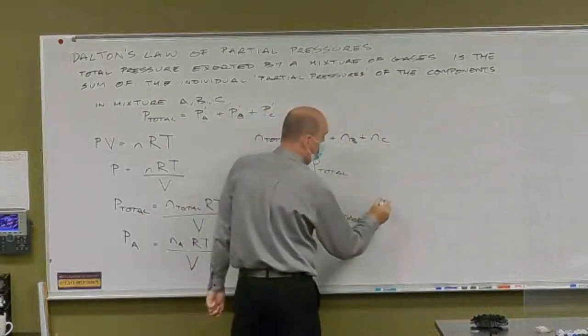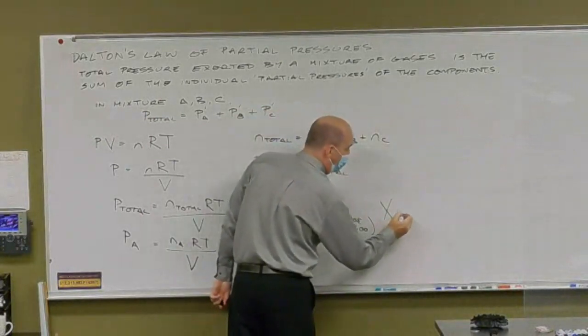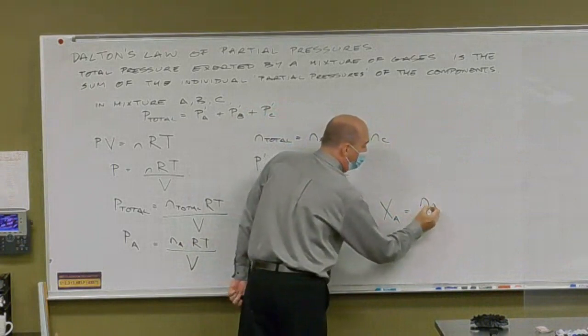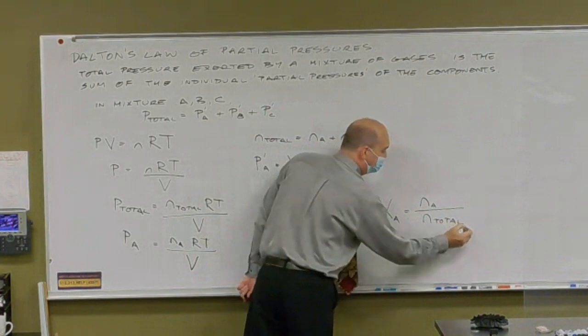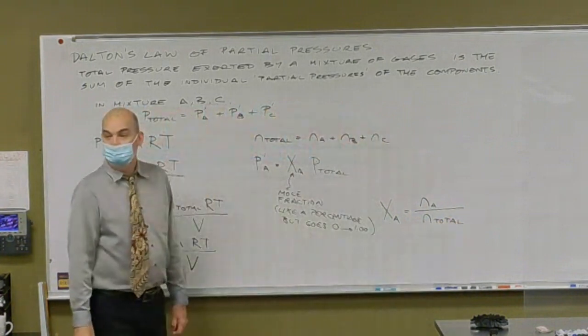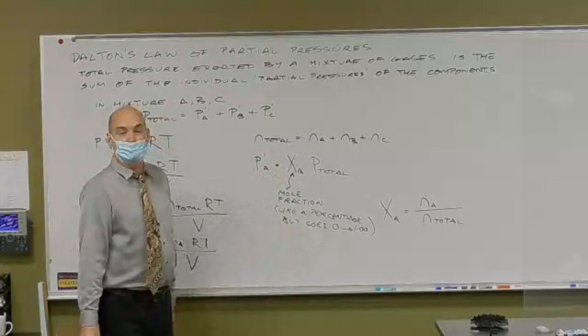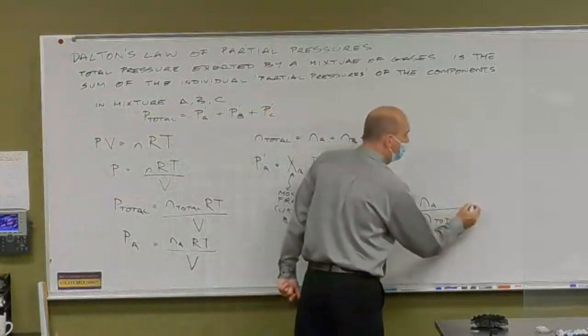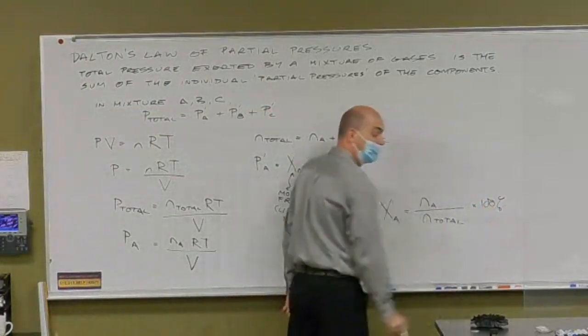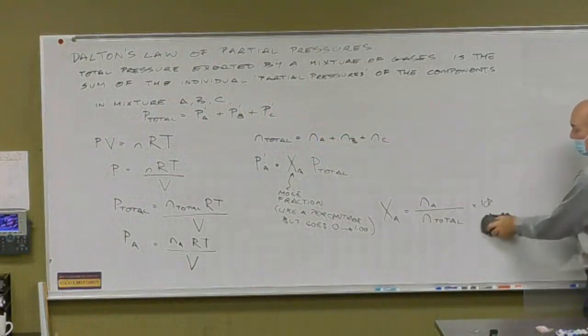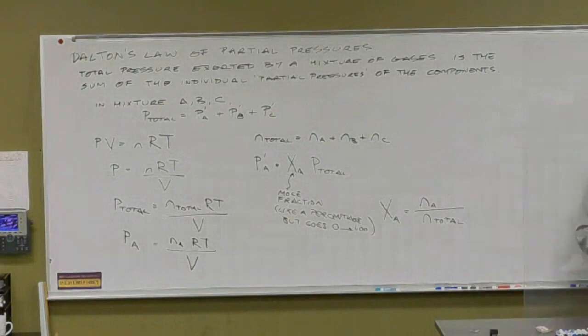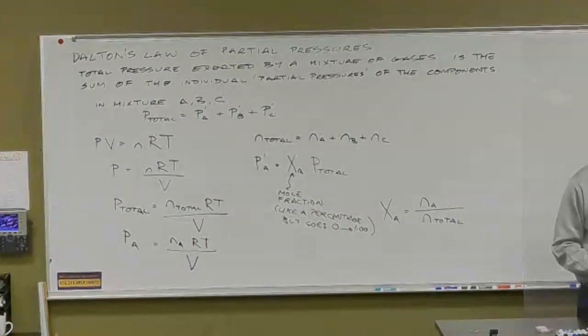And all that XA is, is the number of moles of A divided by the total number of moles. If we were going to write this out as a percentage, we would write times 100% here, and then that would be a percentage. But we're going to keep the number less than 1.